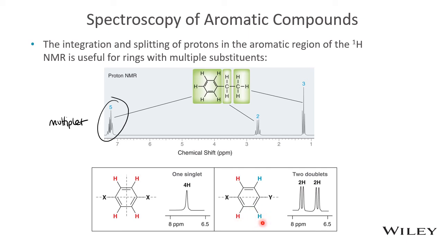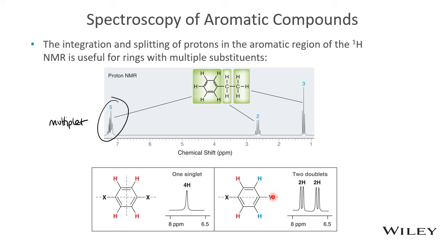And the blue hydrogens have one neighboring red hydrogen, so they will also be doublets. Now, depending on the identities of X and Y, that will influence which doublet represents which. If X is an electron withdrawing group, it's going to shift the peaks for the red hydrogens further to the left. So that could represent the set of doublets on the left.